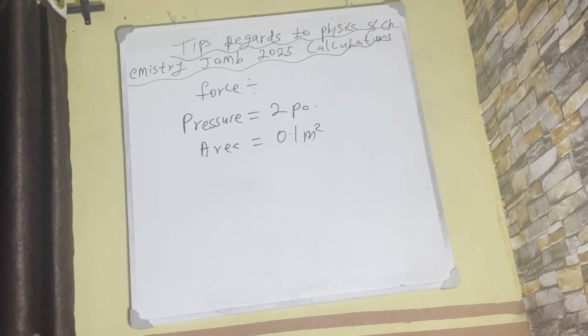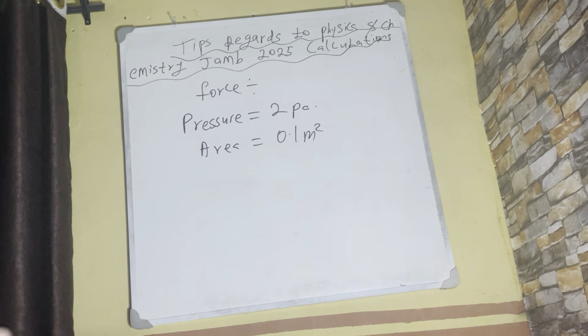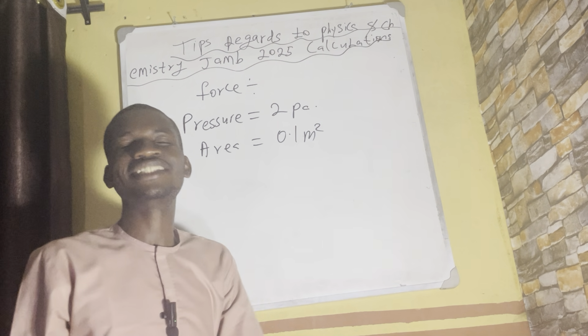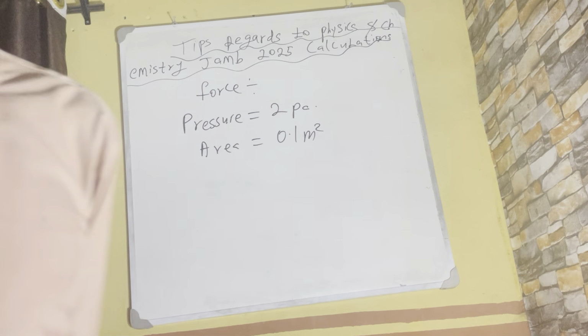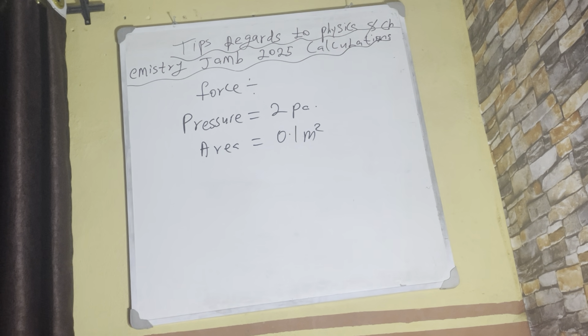Find the force. Force means multiply everything. That is the formula of force. Every variable, you multiply it. That is the function of force. Once you know this, you know peace.